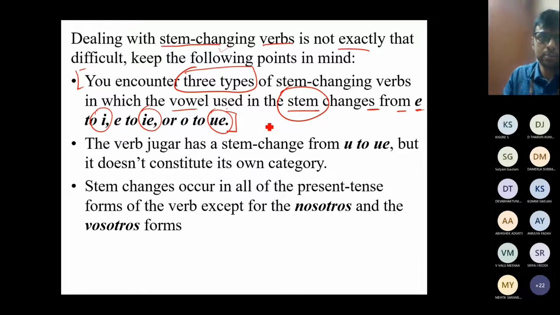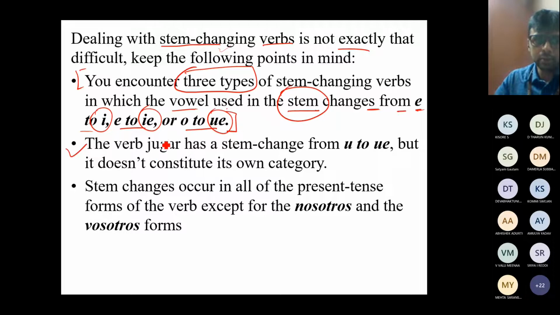These are the three changes which will happen in the stem part only. The end part will change as per the AR ending, IR ending, or ER ending of the verb. That obviously will happen. But since the stem part is new for all of you, these are the three changes which will happen in the stem part.